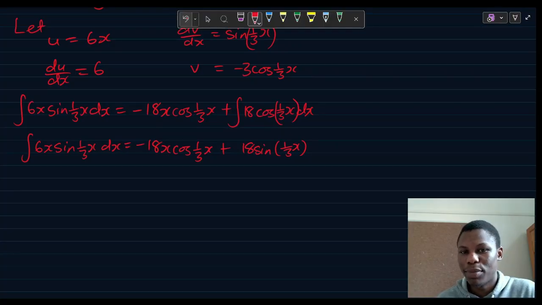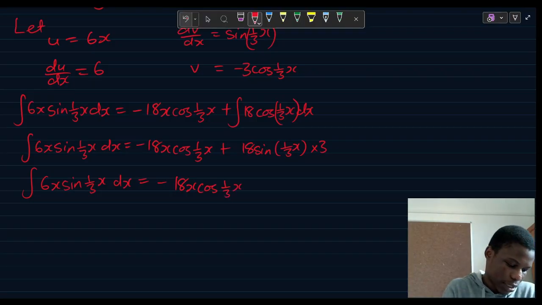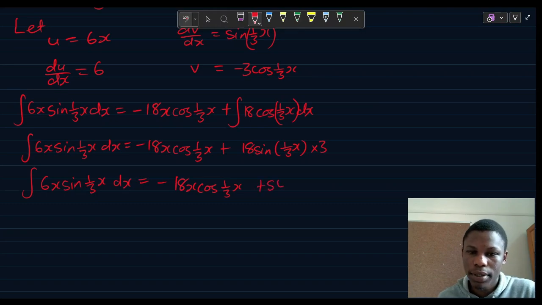So divide by a third, which is the same as multiplying by 3. And so if we simplify, because we've already integrated this, this is negative 18x cos a third x. And then I've got 18 times 3, which is 54. That's sine of a third x.